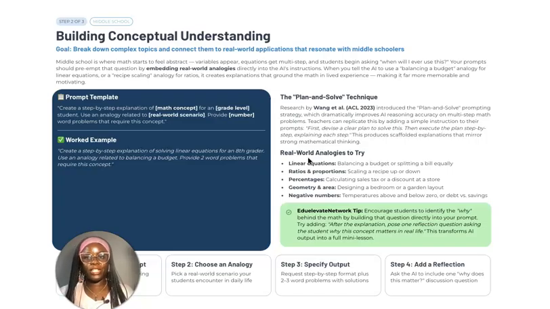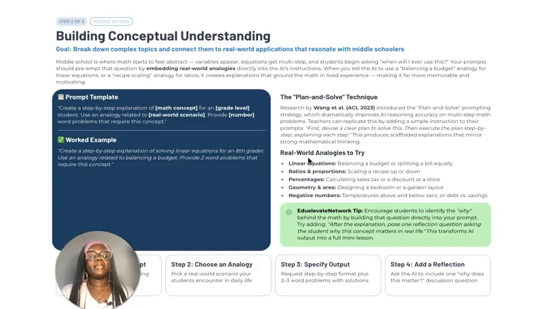When you tell the AI to use a balancing a budget analogy, for example, for linear equations, or a recipe scaling analogy for ratios, or a birthday party expenditure, it creates explanations that ground the math in lived experience, making it far more memorable and motivating to at least a good number in the room, right?